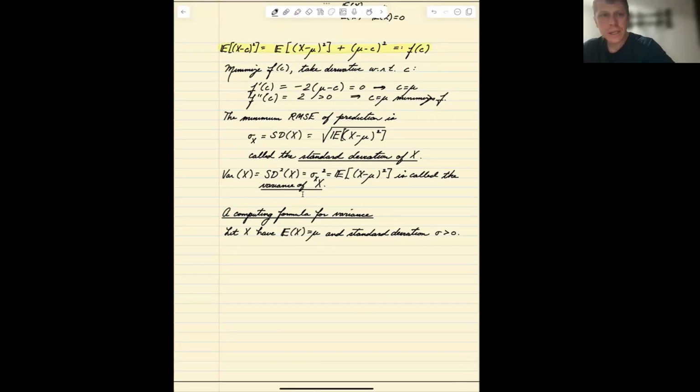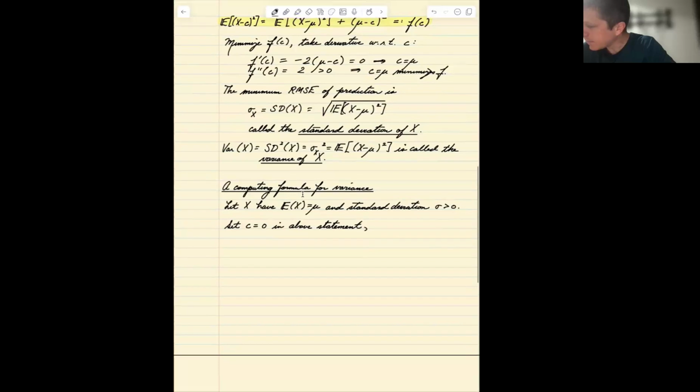So if we set C equal to 0 in the above statement, what do we get?